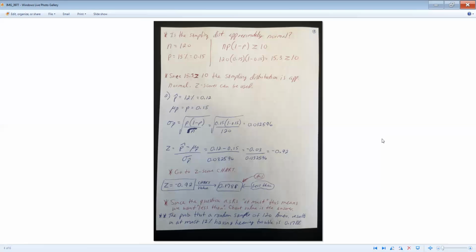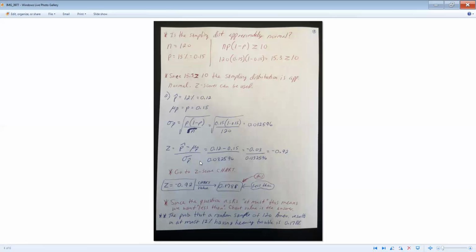Put that in our z-score relationship: p hat minus the mean of p hat over the standard deviation of p hat. That's going to be 0.12 minus 0.15 over 0.032596, and that will be negative 0.92.